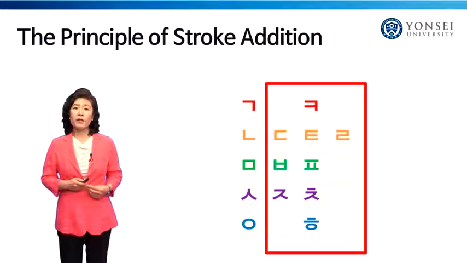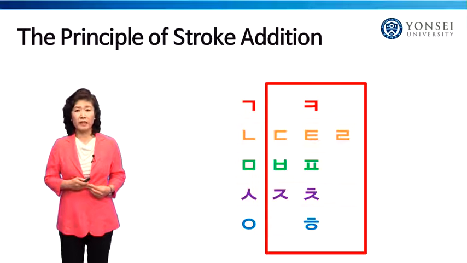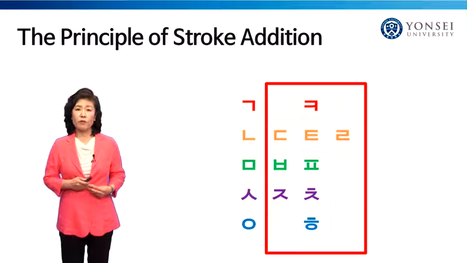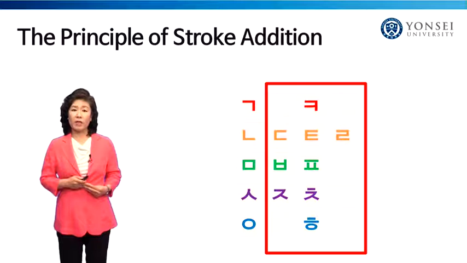The first principle of letter formation in Hangul is the principle of stroke addition. As you can see, the rest of the 9 consonants were formed by adding a stroke to each one of the basic 5 consonants. Take a closer look.